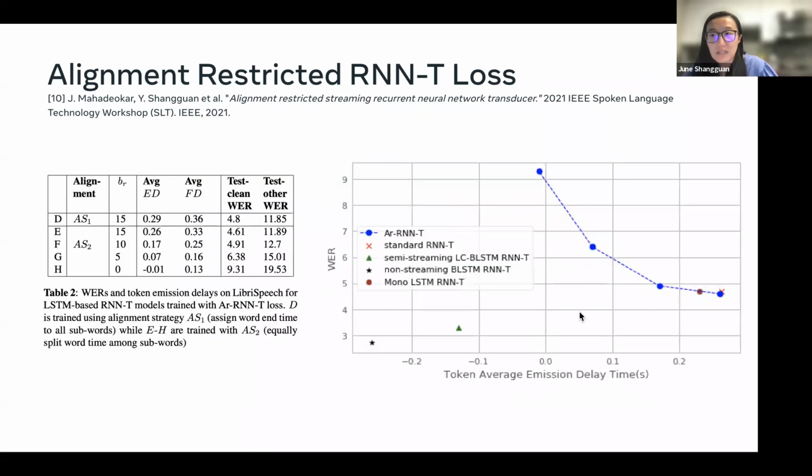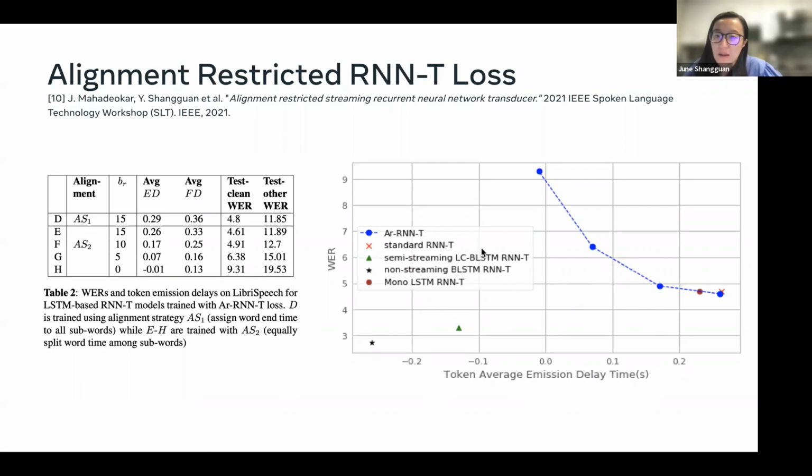And let's look at the result. I want to draw your attention to the graph on the right-hand side first. The blue line is AR RNNT. We now present the word error rate, which is the error rate of the model, so the higher the worse, against the token average emission delay. We just take the average of each token's delay and plot it out.